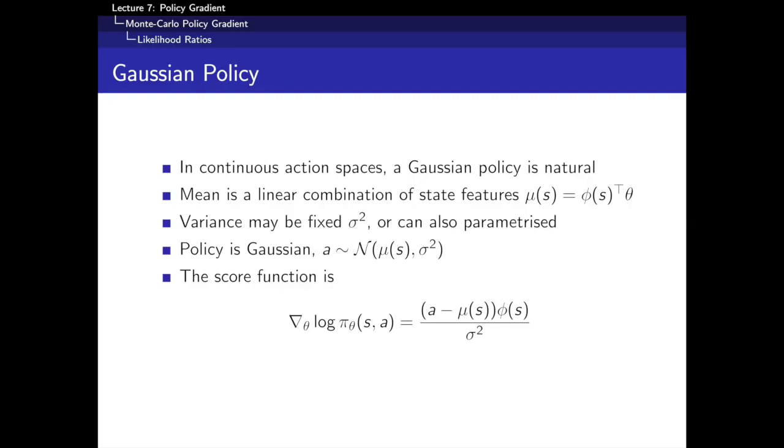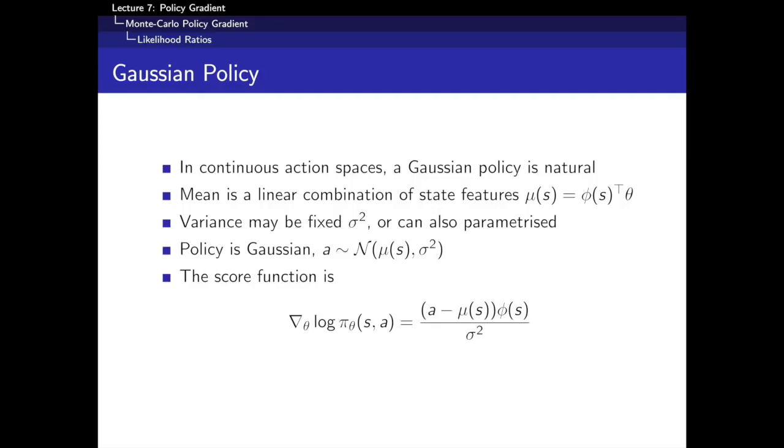And so if we were using a Gaussian policy, what would this score function look like? Well, the score function is basically, again, this tells us how to get more of a particular action. And here, again, we have something very similar to the last slide, where this is the action we actually took. This was our action A. And this is the mean action.